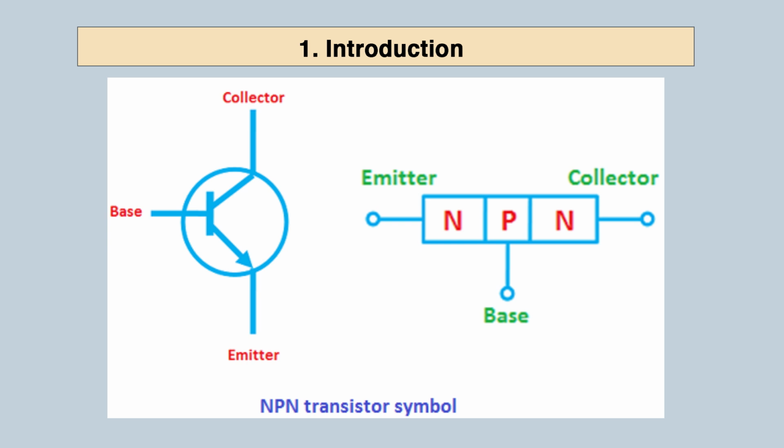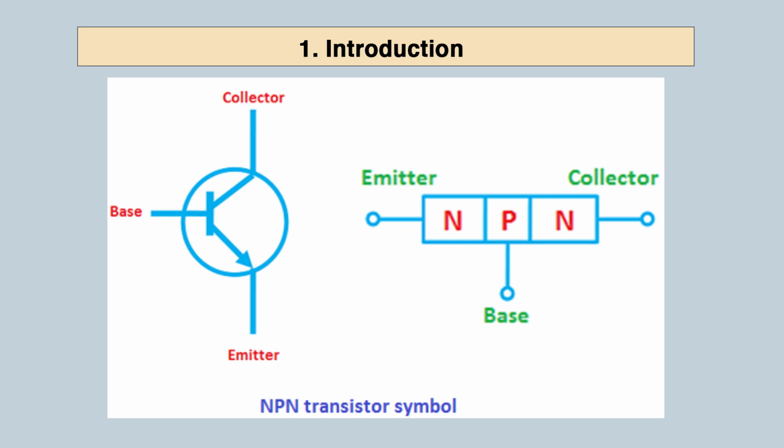Here we can see the symbol of the NPN transistor. There are 3 terminals. One terminal is emitter, second one is base and the third one is collector. Based on the doping of these 3 regions, it is known as NPN transistor or a PNP transistor.